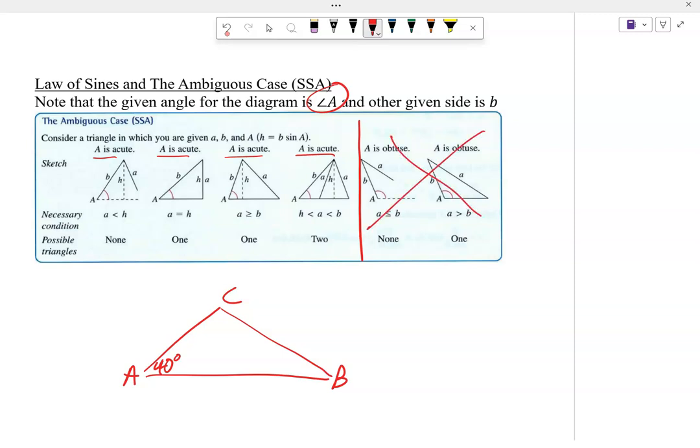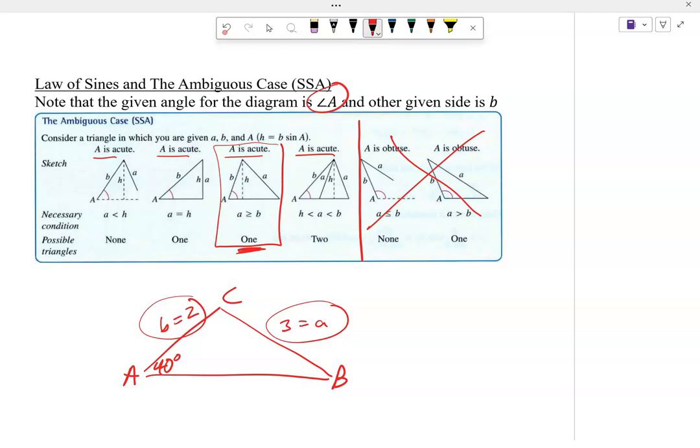And then its opposite side was the A, and so if you're looking at this, if the angle A is acute, and the B was 2, if the A is greater than or equal to the B, so we're right here, then I know I only have one possible solution.